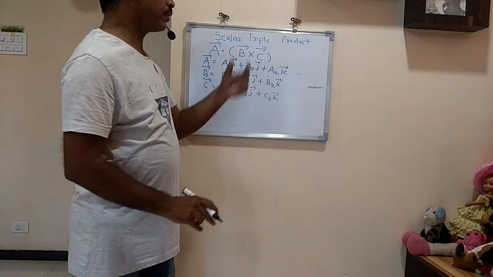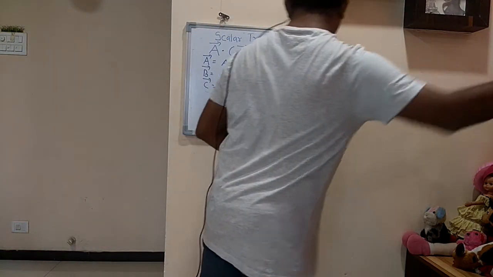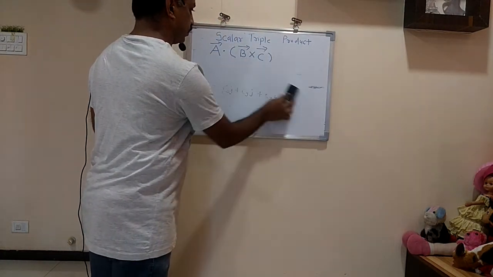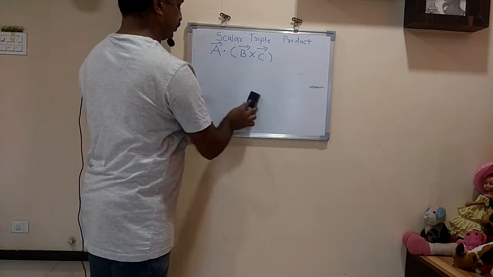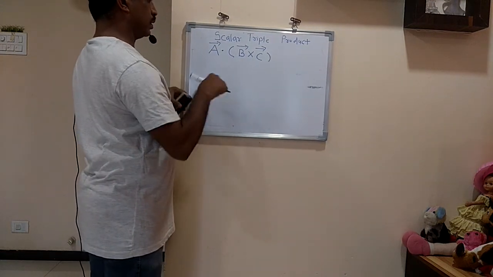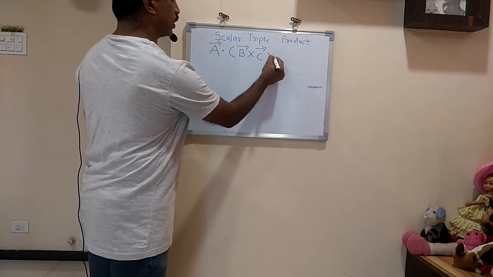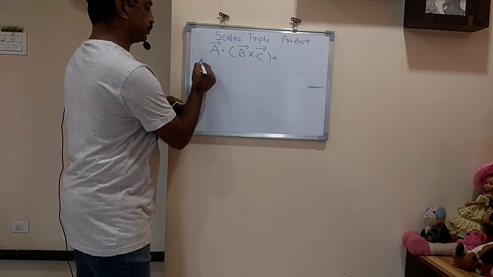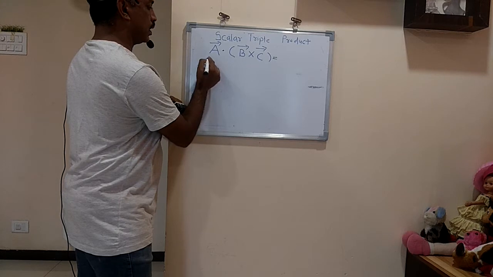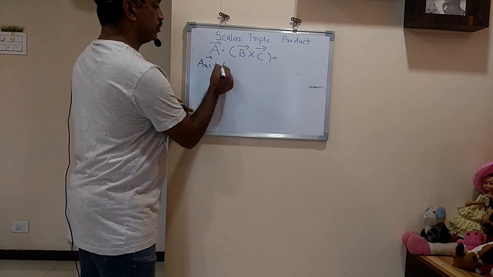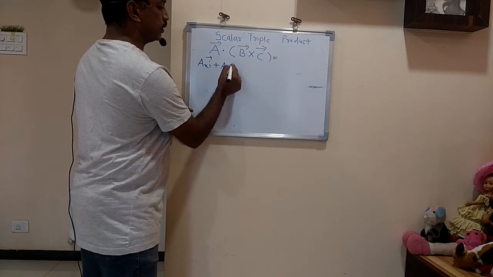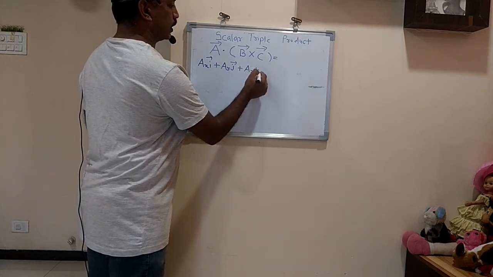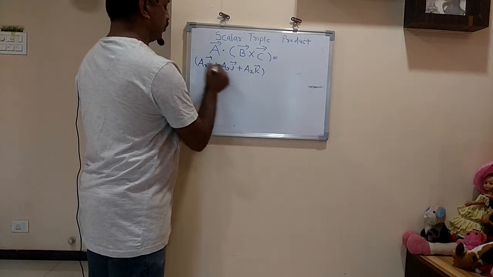Now we simplify this. Vector A we write as ax i plus ay j plus az k, and we take it in a bracket.